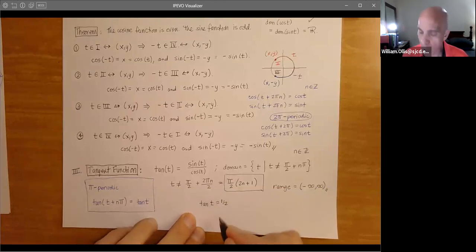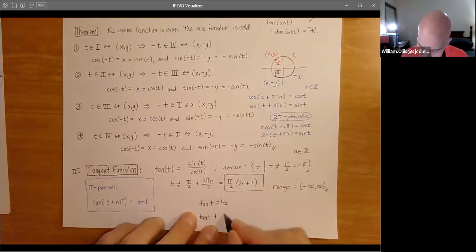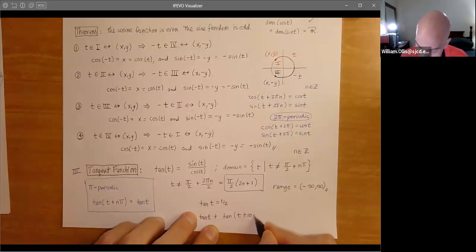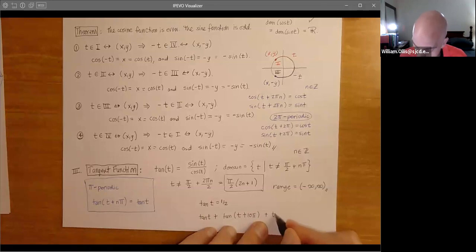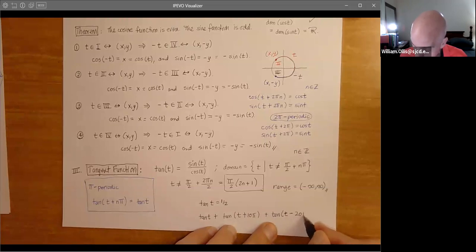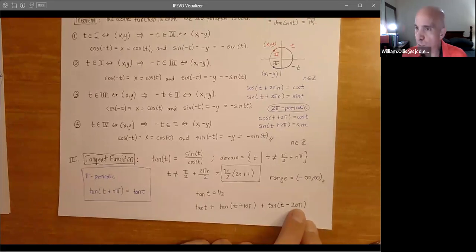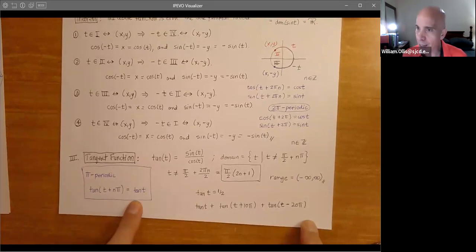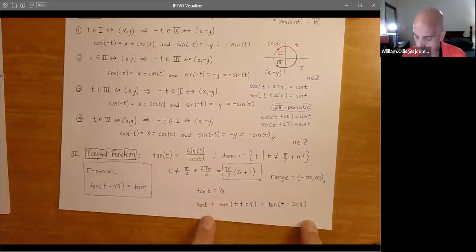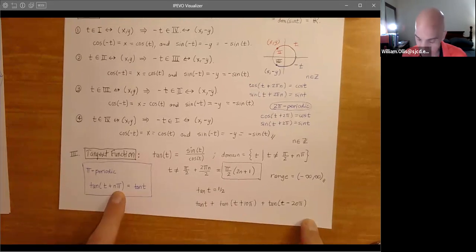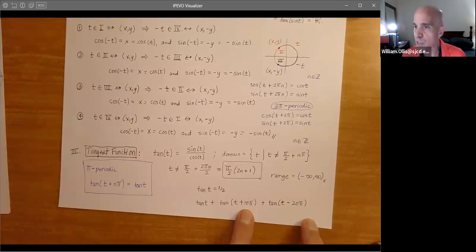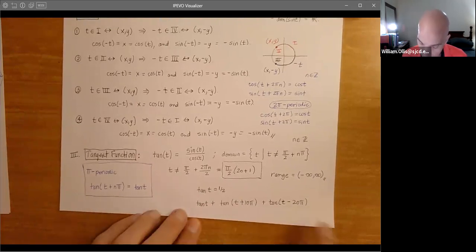And then there'll be a problem that says, well, what is tangent of t plus tangent of t plus 10 pi plus tangent of t minus 20 pi? I mean, obviously, this is a simple question. Well, these are all multiples of pi, so they do not change the value. These all equal 1/2. By this identity here, this is 1/2 because 10 pi is just a multiple of pi, so it doesn't change the output.